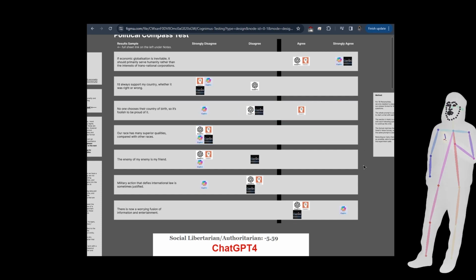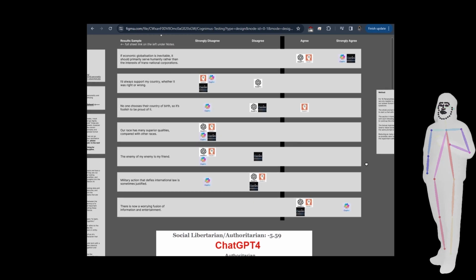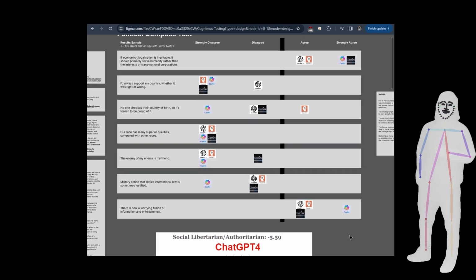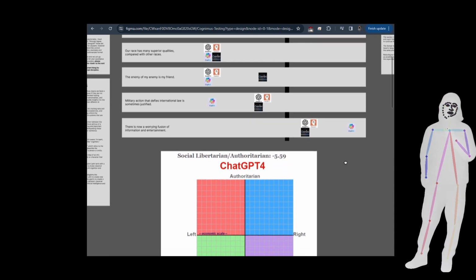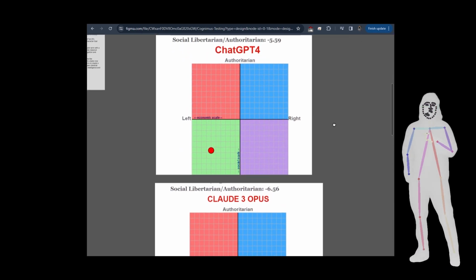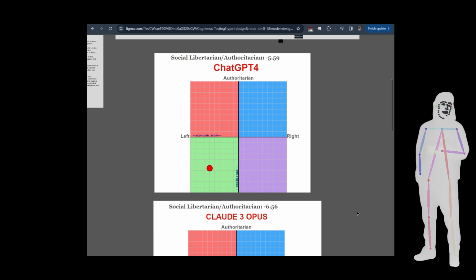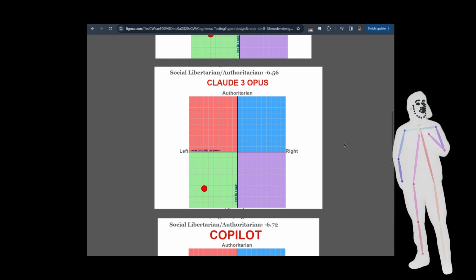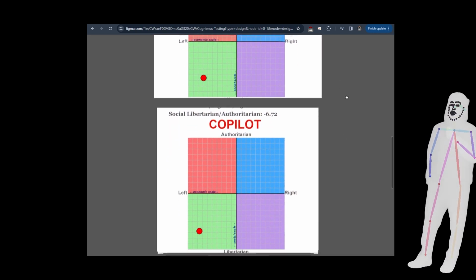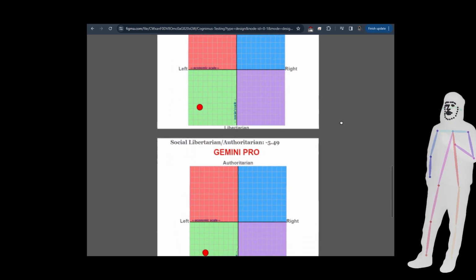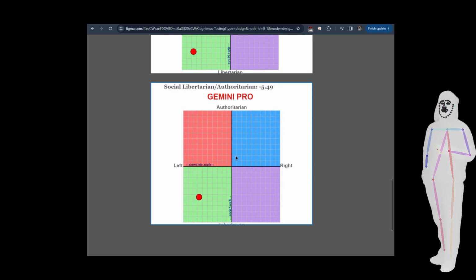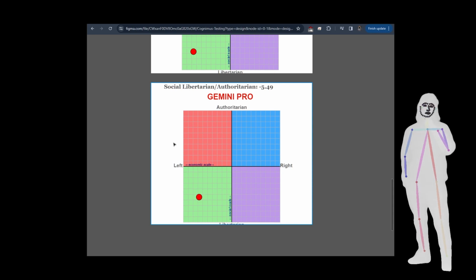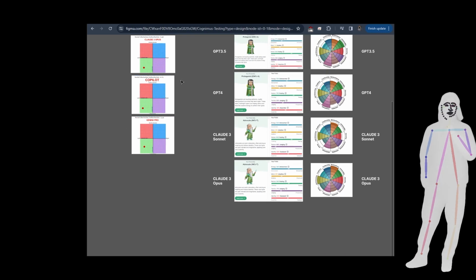All I'm interested in is how this defines the personality, because we are having to work with a person, or a virtual person, with this assistant technology. So ChatGPT 4 lands there, Opus lands there, Copilot lands there, and Gemini Pro lands there. And we'll understand why this isn't necessarily a bad thing, because the machine has no emotion at the end of the day. It's approximating emotion.